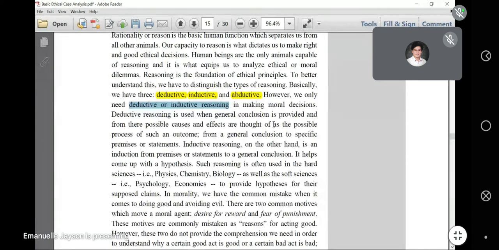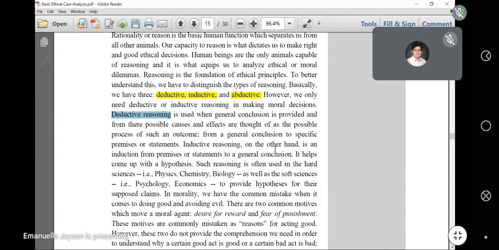For example, nagnakaw nga siya, no? So parang tatanungin mo dun, bakit ka nagnakaw? So parang from the conclusion na nagnakaw ang isang unemployed mother whose children are starving to death, magkakaroon ka ng deductive reasoning when you try to analyze what happened.